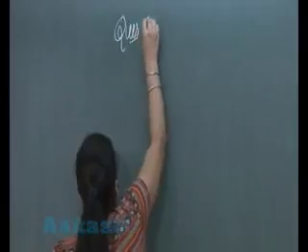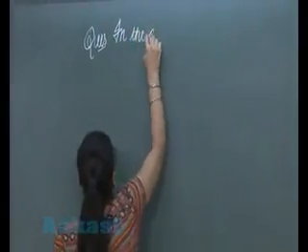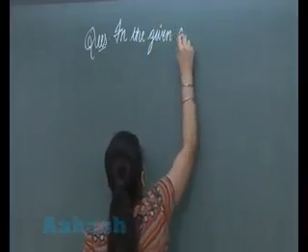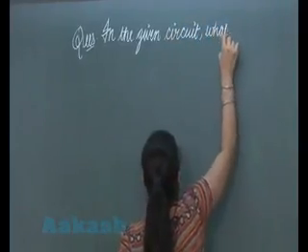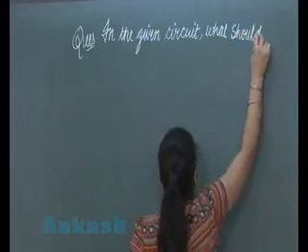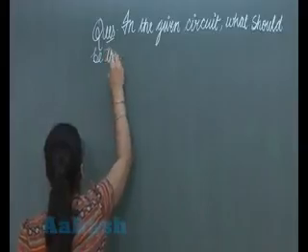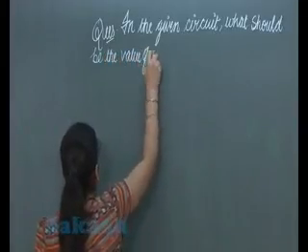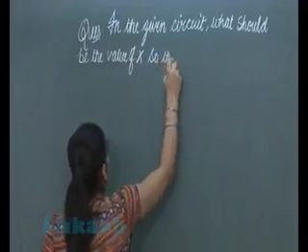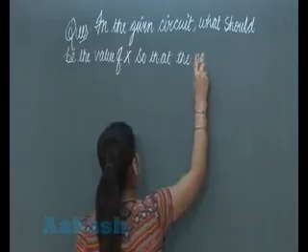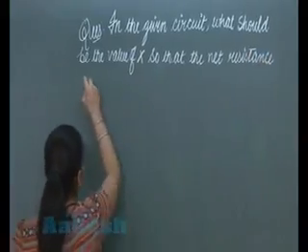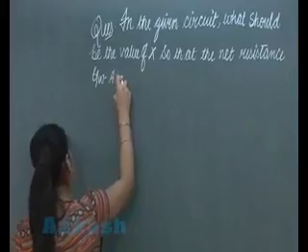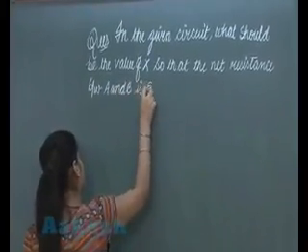The question is, in the given circuit, what should be the value of X so that the net resistance between A and B is 50 ohm.